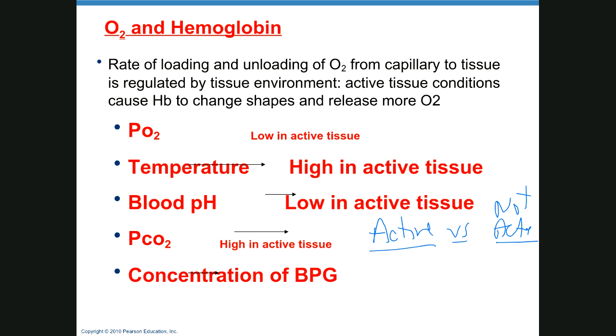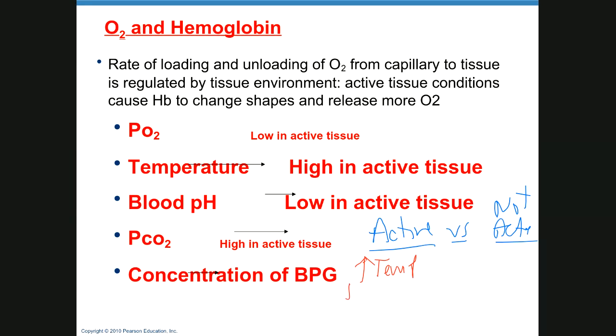Okay, so characteristics of active tissue: it's going to have a higher temperature. It's going to have low oxygen, because the minute it is given oxygen, it consumes it. There's lots of metabolic waste. There's a low pH because of the high metabolism, and remember that a low pH means lots of hydrogen ions.